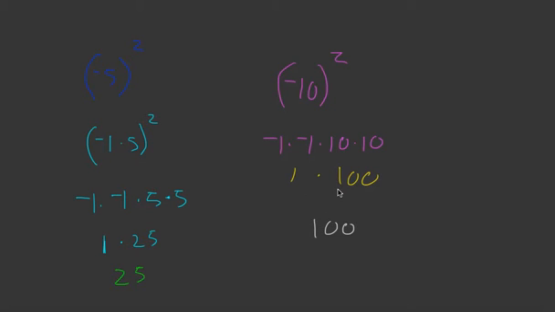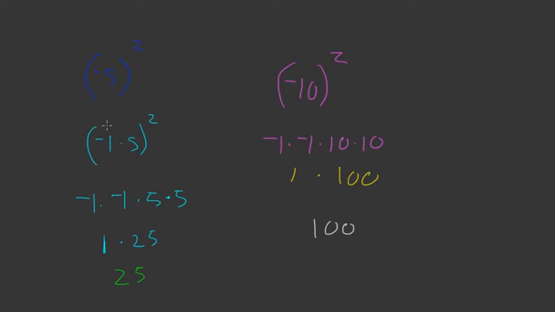So anyway, those are some key rules that you need to learn, and hopefully you've memorized them while watching this video about exponents and negative integers. Again, it's worth repeating.